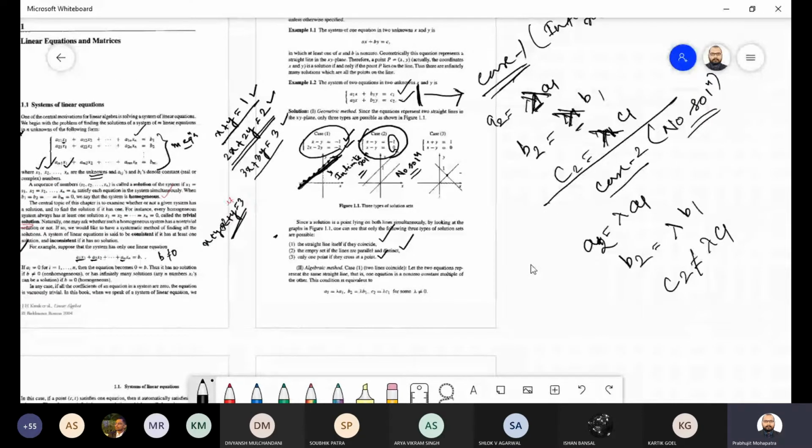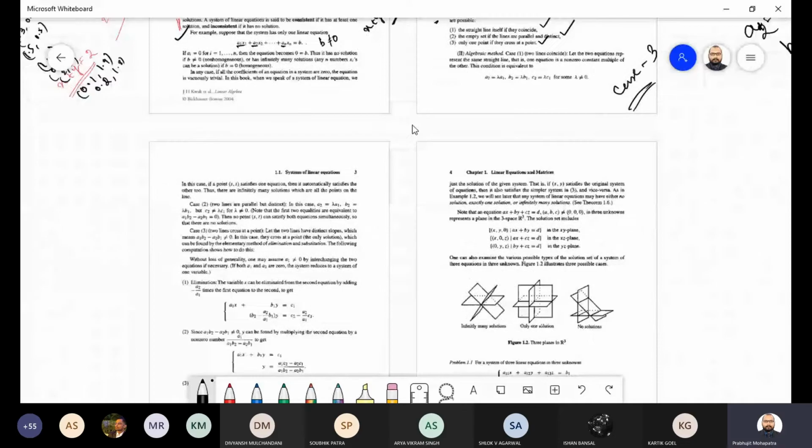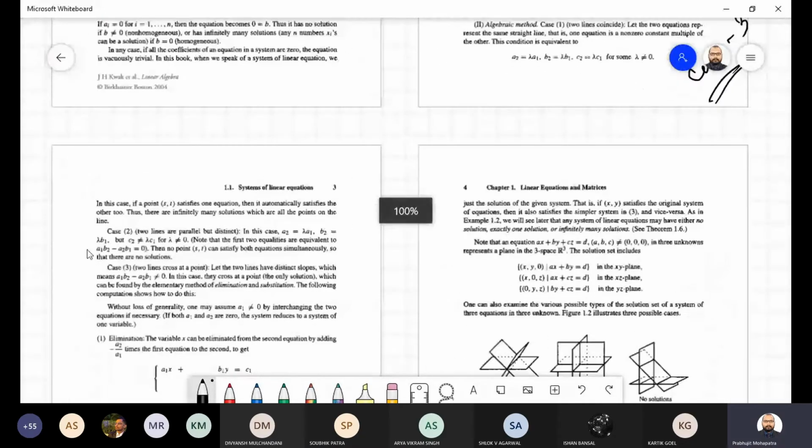And case 3 means a unique solution. There is another way to represent that. Let me discuss the same thing again.